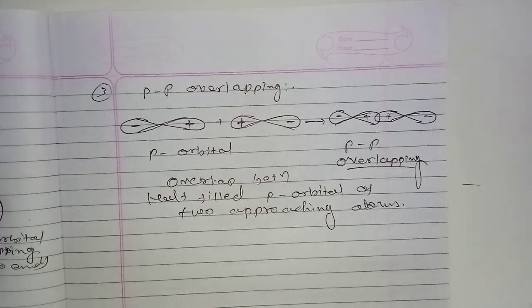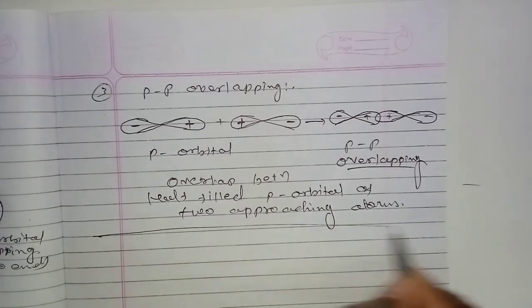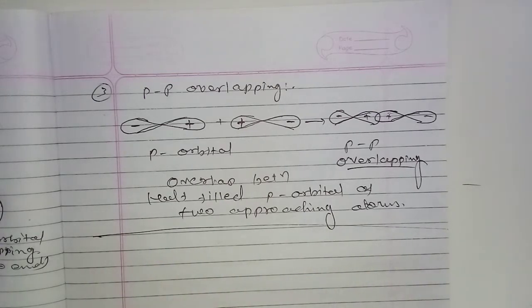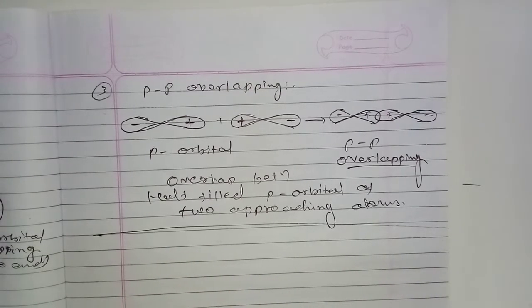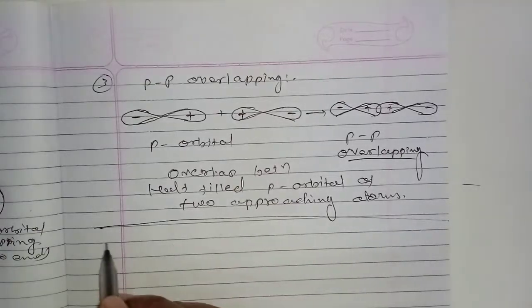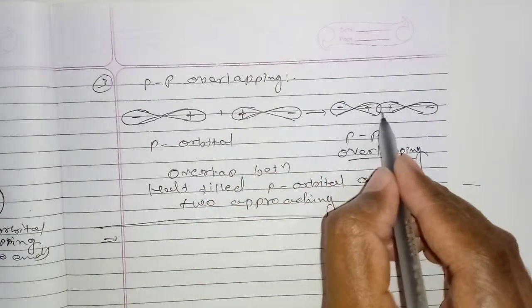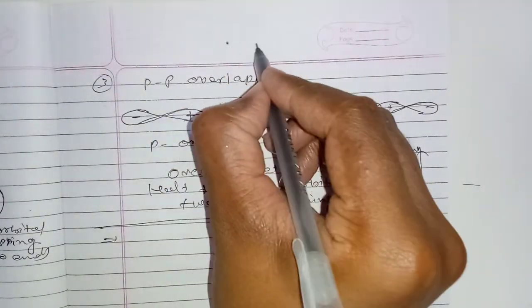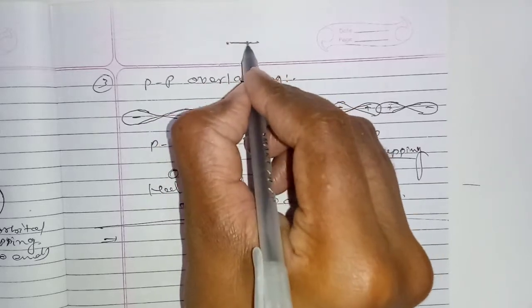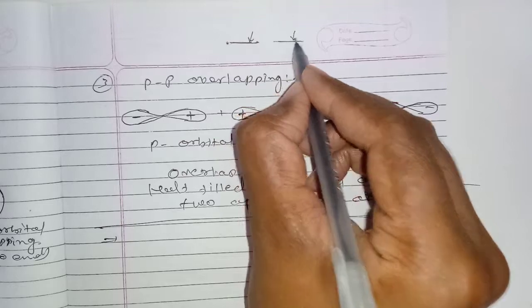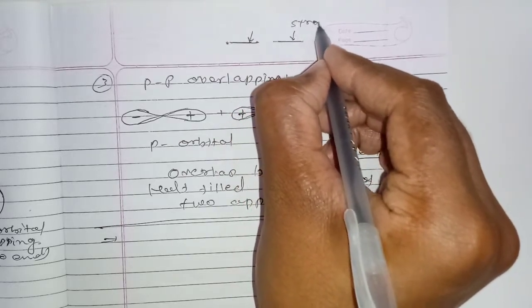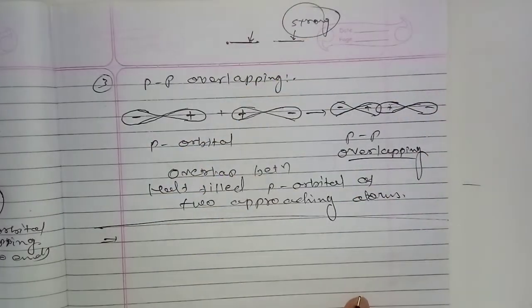Now the concept about the sigma bond. The bond is formed by sharing of electrons, and this is a very strong bond.